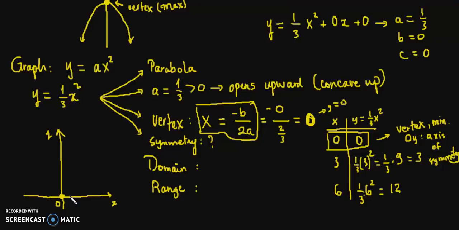So what it means is that I say here's 1, so let's say 3, okay, 6 here. I have, let's say, 3, 6, 9, 12.